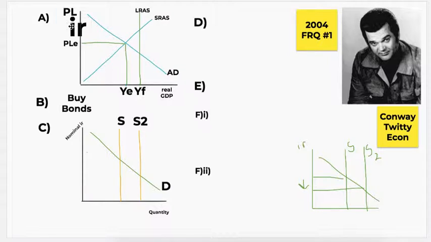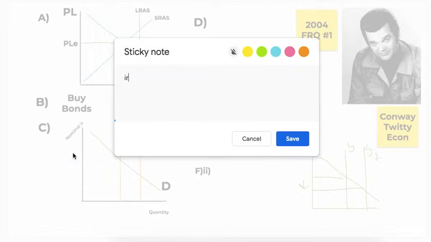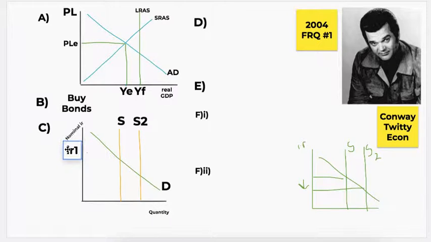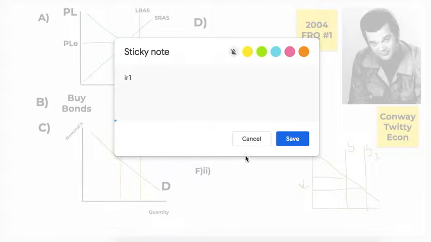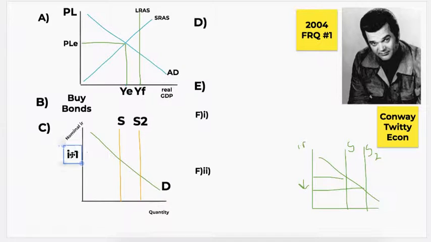Okay? So here is our interest rate. Make it real small. I'm even going to make it interest rate 1. And then let's copy and paste it. Make it interest rate 2.